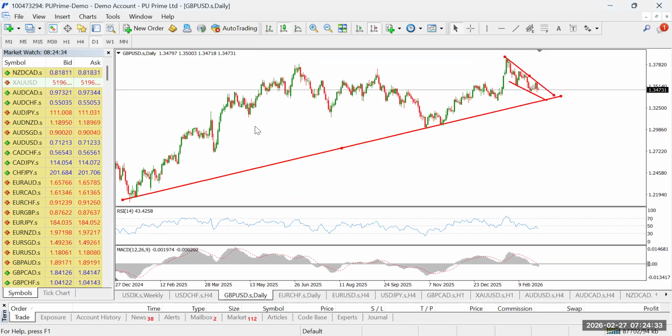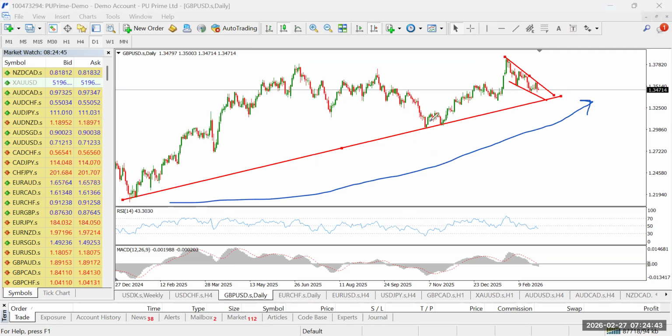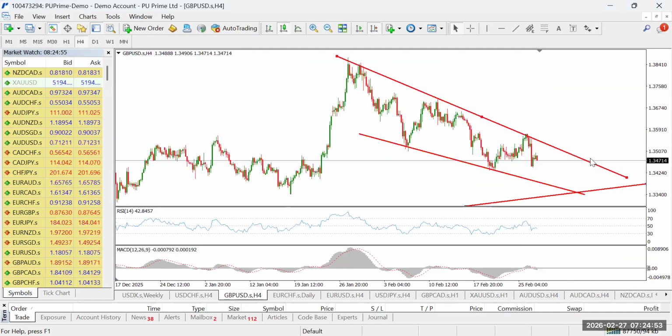Now for GBP USD, I will advise you trade with a lot of caution at the moment. This is GBP USD on the daily time frame. For me, the overall trend is still forming, but the overall trend is bullish. Price seems to be in a downtrend, but we need clarity if we must take a sell.